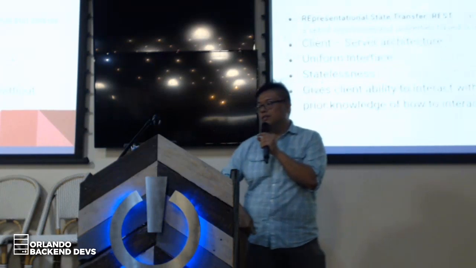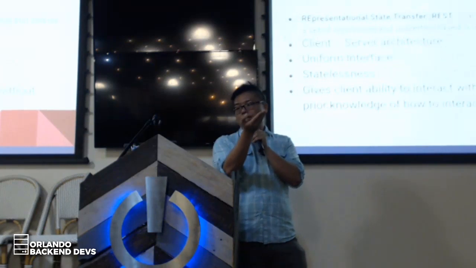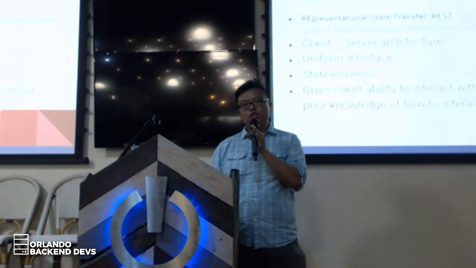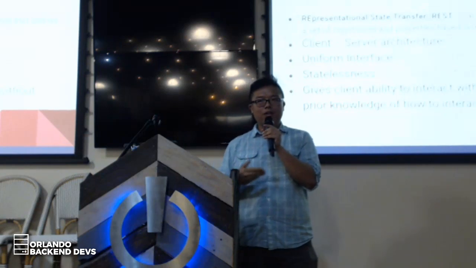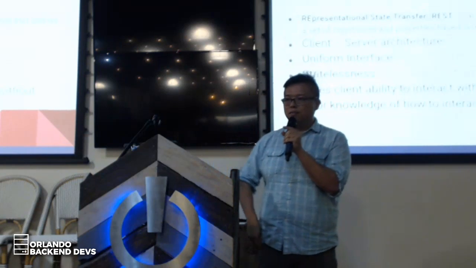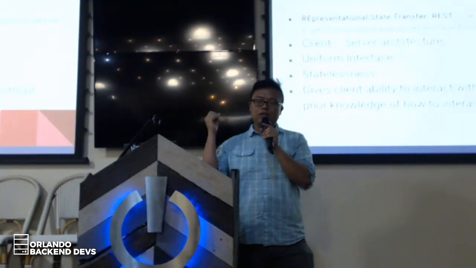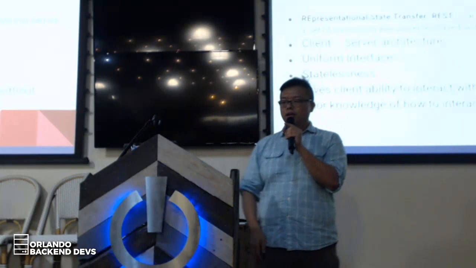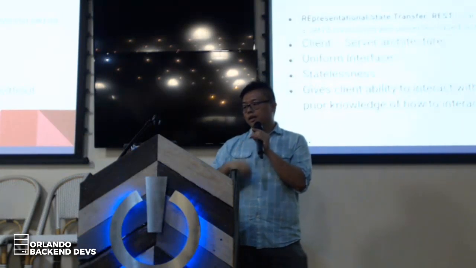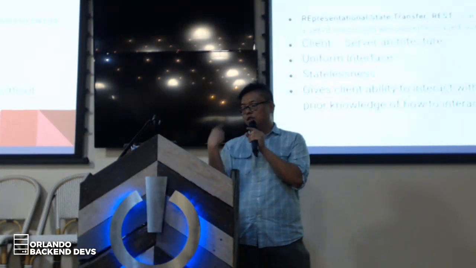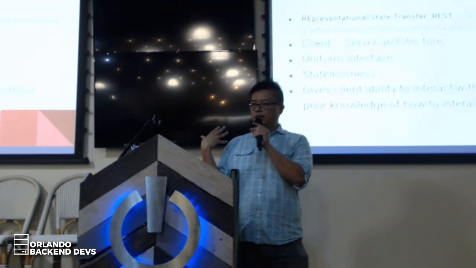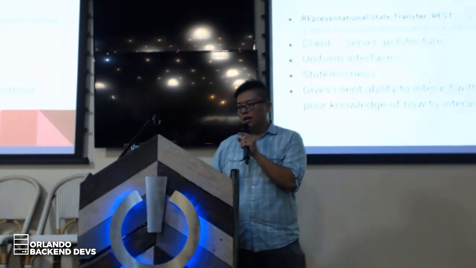So REST is defined by the systems of constraints and properties based on HTTP. So you might be familiar with a website. We also have to make sure that it's based on a client-server architecture. So we're mostly talking about information sent from the server, us, to the client, somebody else.